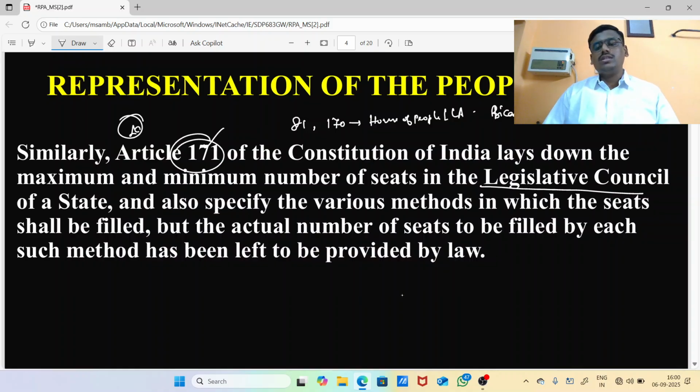So two houses: Lok Sabha, Rajya Sabha, and in the same manner, legislative assembly, legislative council. The legislative assembly and Lok Sabha are directly elected, whereas Rajya Sabha and legislative council are indirectly elected.